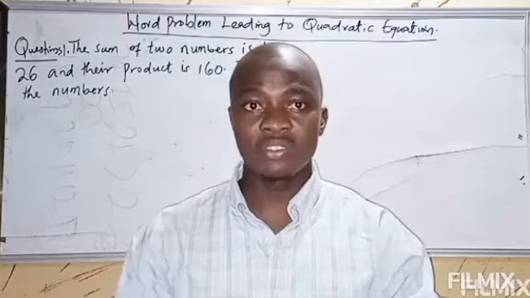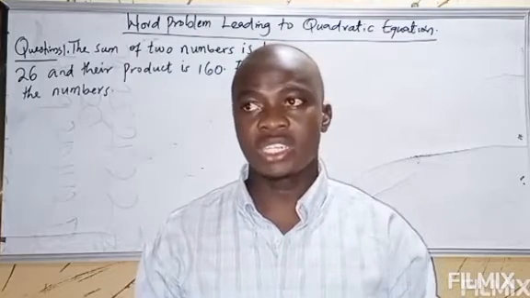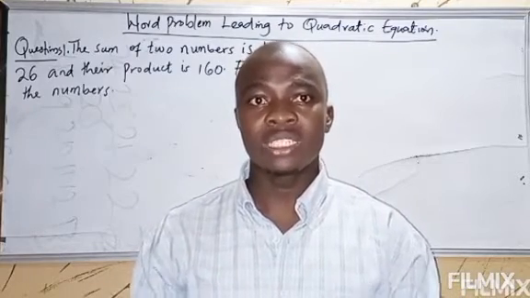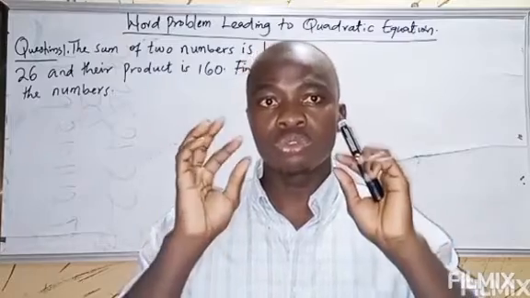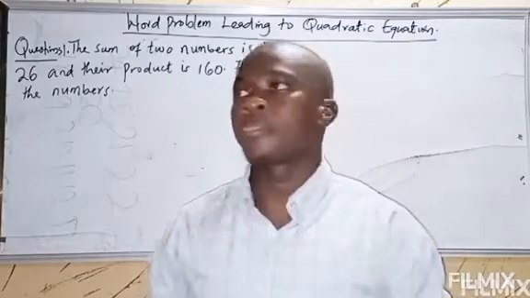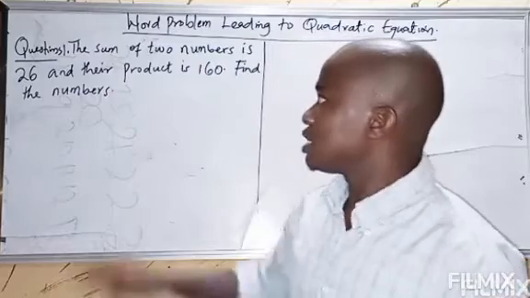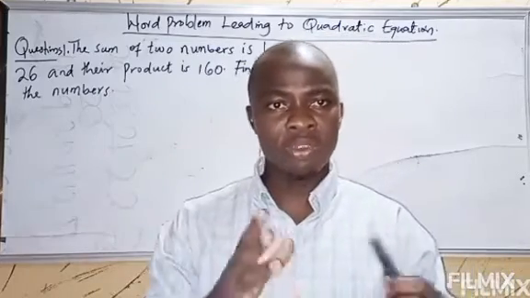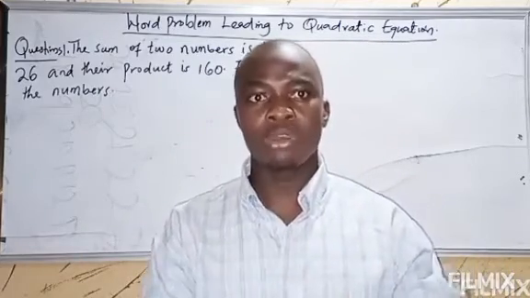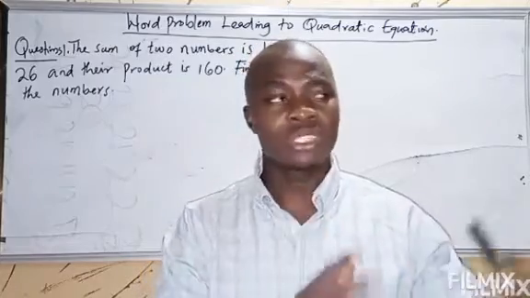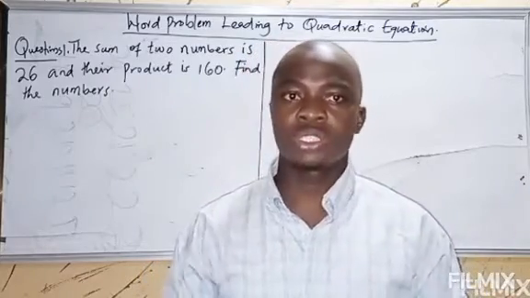At times they can be equal, but what we know is that it always has two values. So definitely, for these problems to form an equation, we must arrive at a quadratic equation.